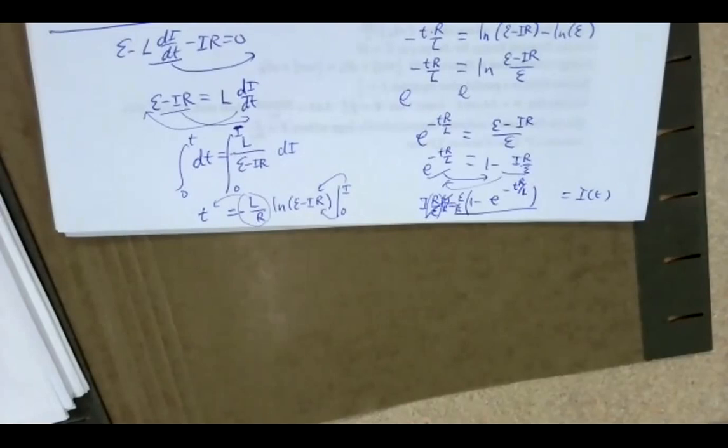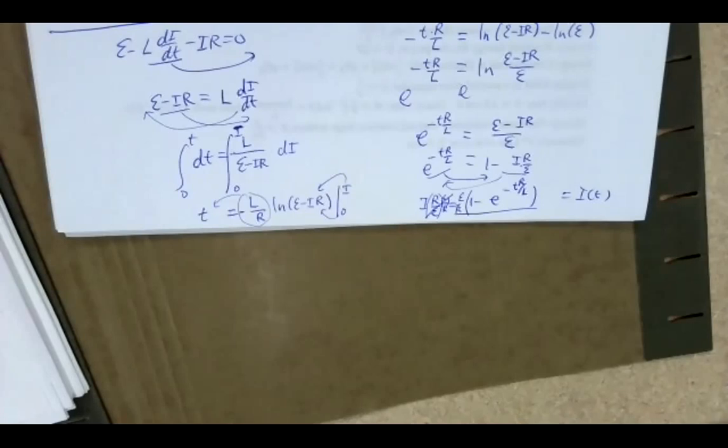If you write L over R as tau, the time constant for the RL circuit, then the current is epsilon over R times (1 minus e to the minus t over tau). For the voltage across the inductor, it's minus L di/dt. Let's take the derivative of this term.